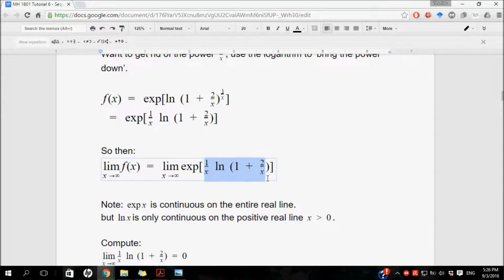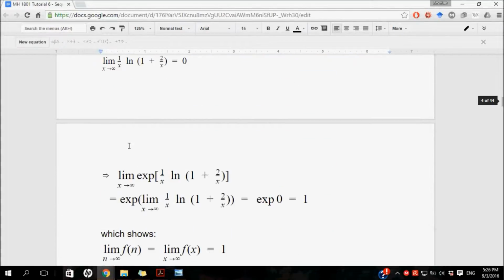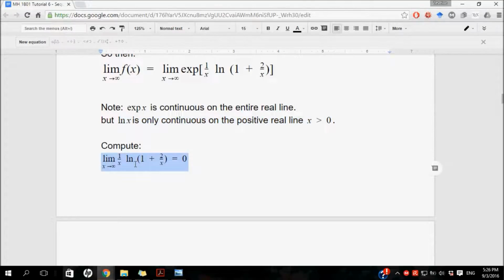For whatever is on the inside, we need to be careful because the logarithm function is only going to be continuous when x is a positive real number. So what we will do is compute the limit of the expression on the inside. So let us compute this limit.